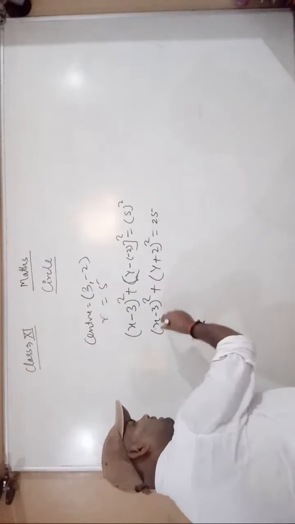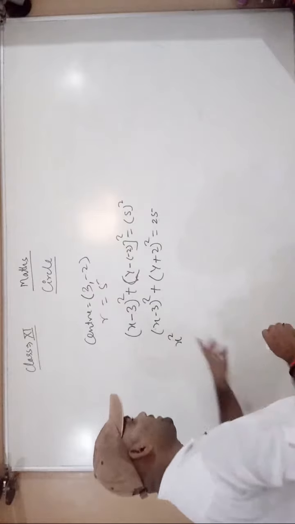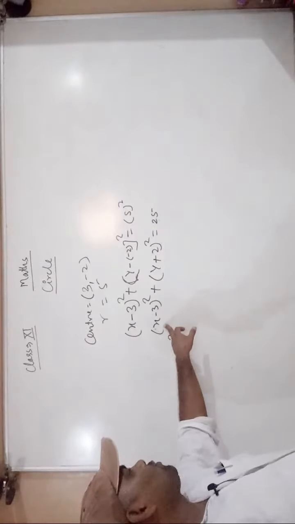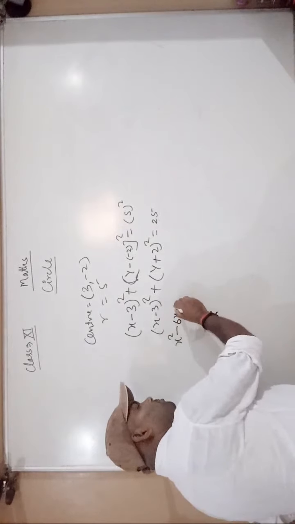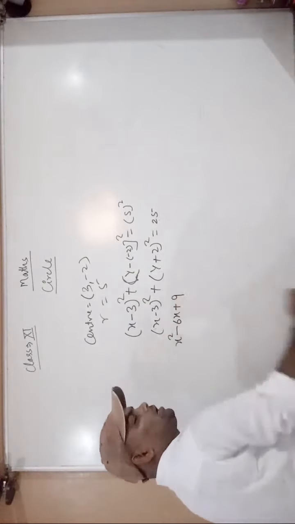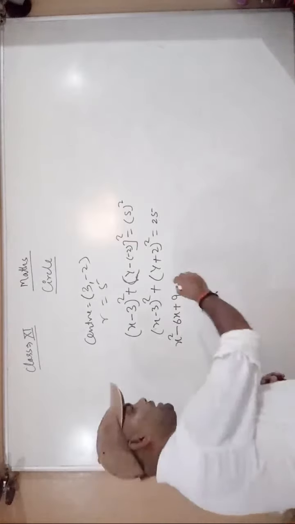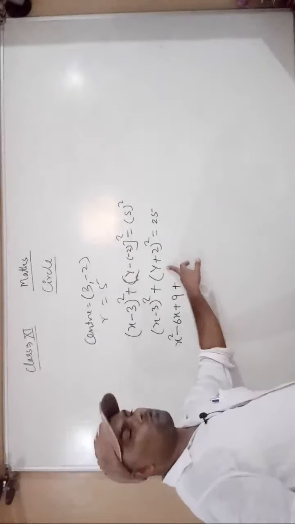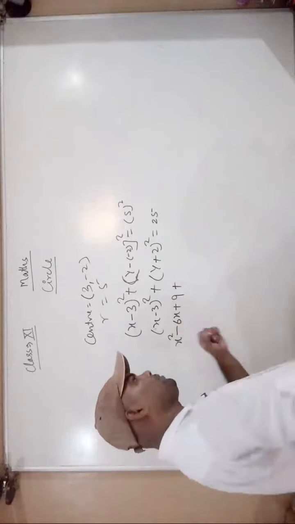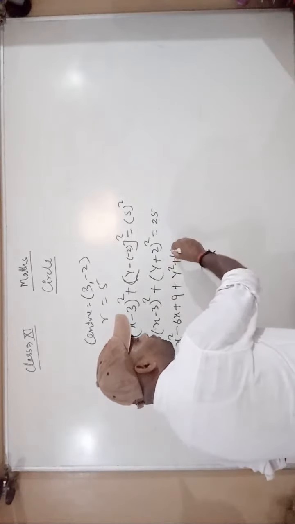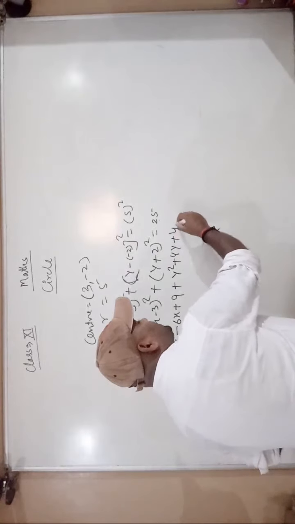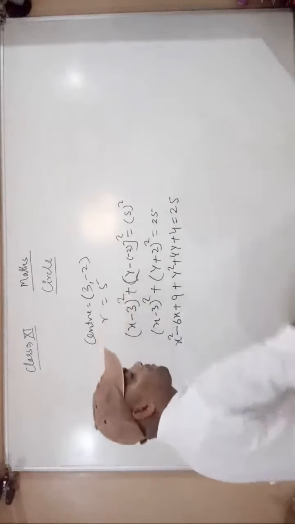So now if we expand this, the (a minus b) whole square is a square minus 2ab plus b square, so x square minus 6x plus 9. And then (a plus b) square is a square plus b square plus 2ab, so y square plus 4y plus 4 is equal to 25.